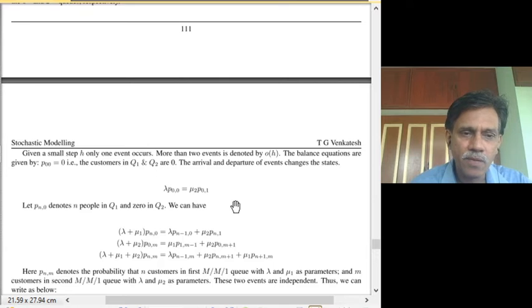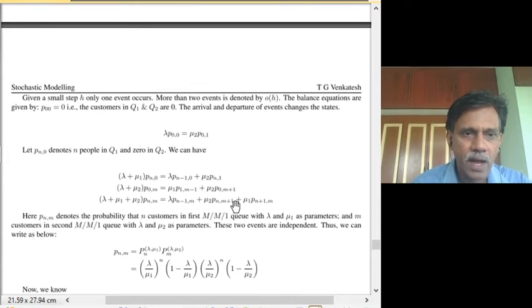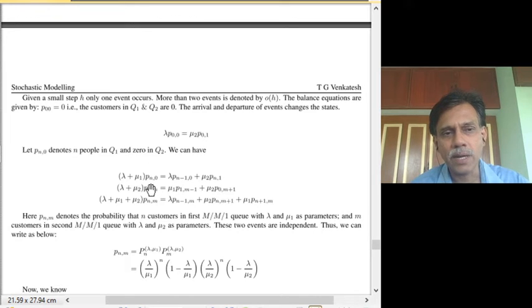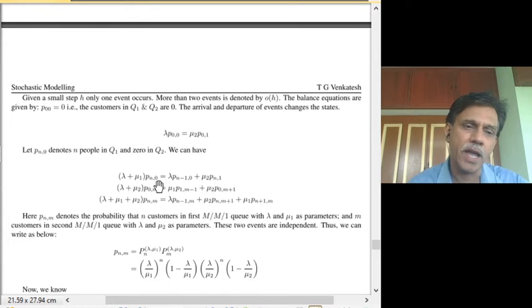Then we will look at the next equation. Let us look at Pn0, which means there are n customers in the first queuing system and 0 customers in the second queuing system. Under this condition, what transitions take you out of n0?